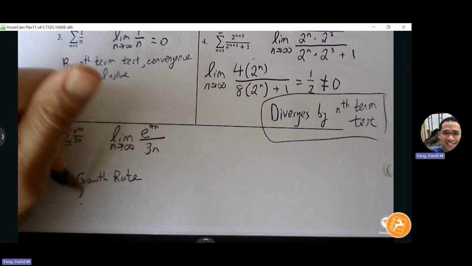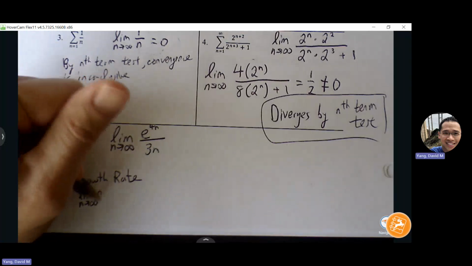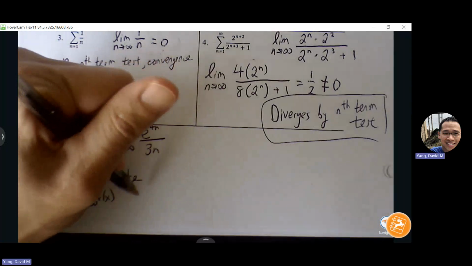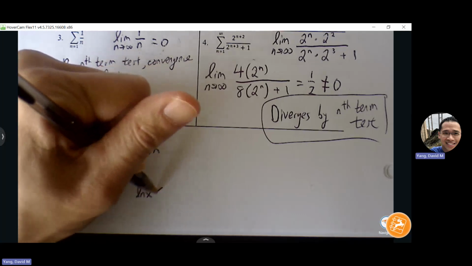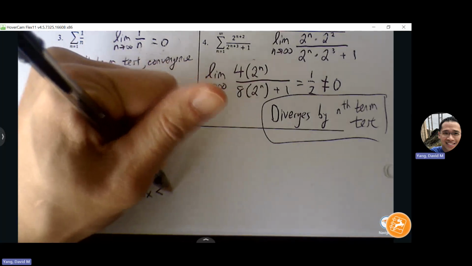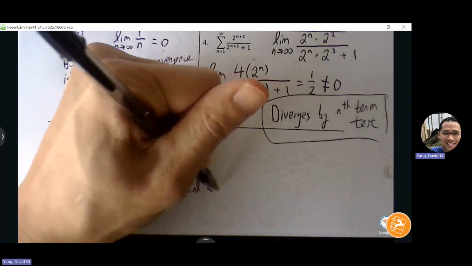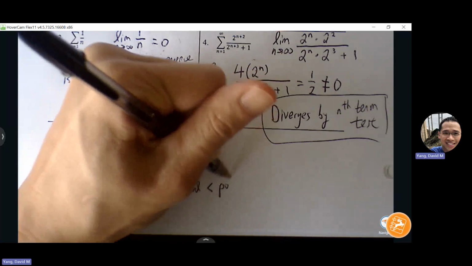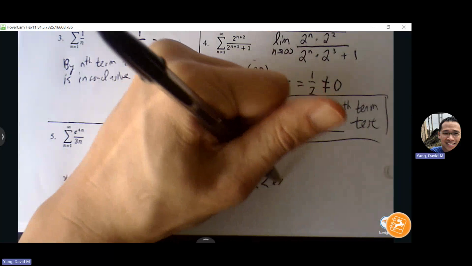If we're doing the limit as n approaches infinity of a function, and we're dealing with different functions, your log function is going to grow the slowest, followed by your radical, followed by your polynomial, and then followed by your exponential.